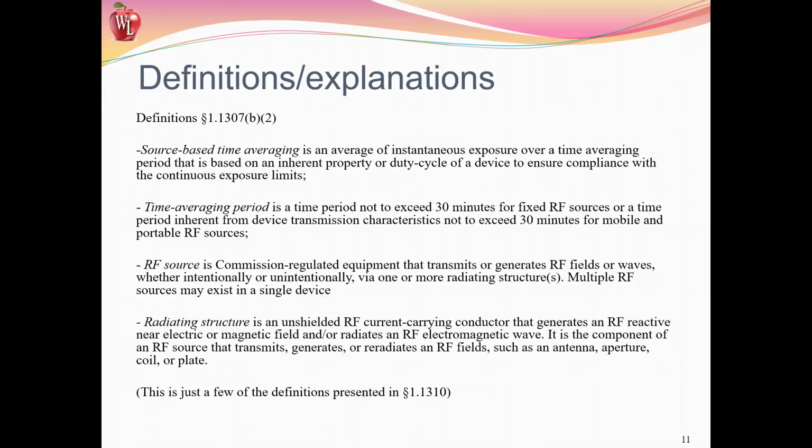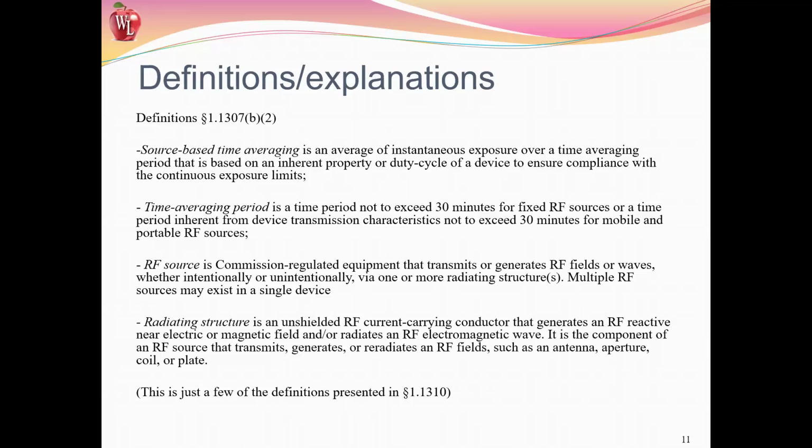The radiating structure is an unshielded RF current carrying conductor that generates an RF reactive near electrical or magnetic field and or radiates an RF electromagnetic wave. It's a component of an RF source that transmits, generates, or radiates an RF field: antenna, aperture, or coil.